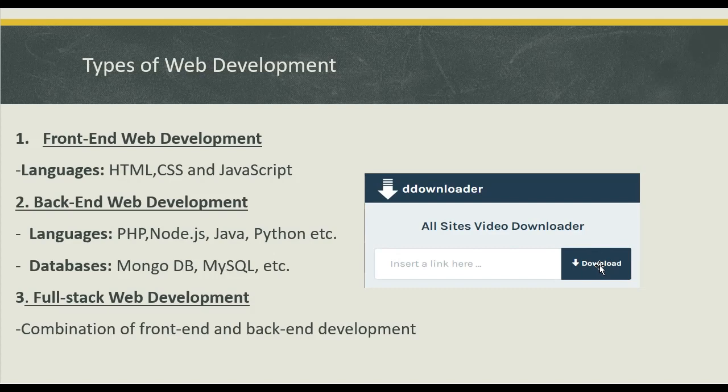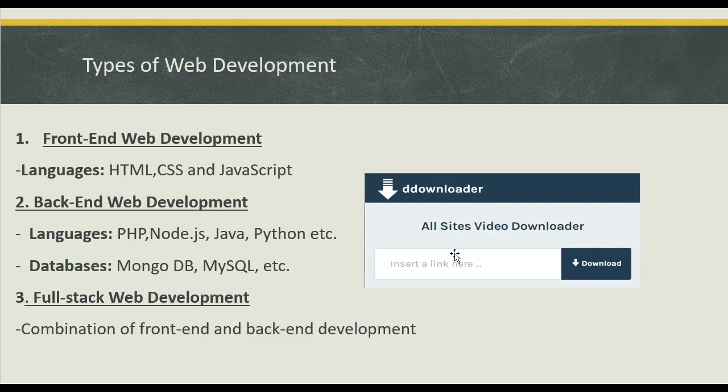What will happen is that the video will be downloaded if I click this button. So that functionality actually is done by JavaScript itself. So JavaScript is responsible for giving functionalities to websites or web applications.